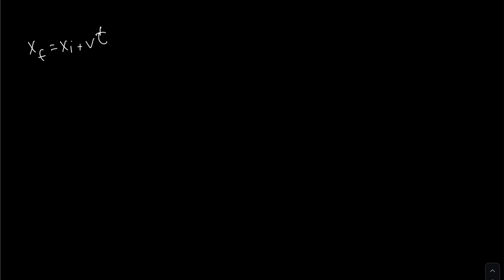Because of the same reason, we know that Vf is equal to Vi plus at. And this is one of the big five. So why is Vf equal to Vi plus at? Well, you know that acceleration is a change in velocity over change in time, right?